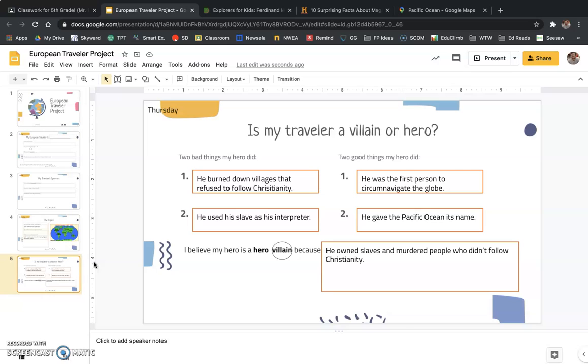Okay? Just to give you a little heads up, we will start talking about some of these new towns, these new colonies that these travelers created. Once they landed in North America, we're going to start talking about the colonies that they created, the little towns, the people that live there.